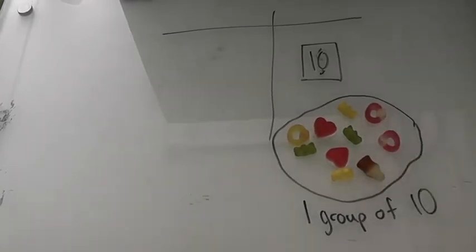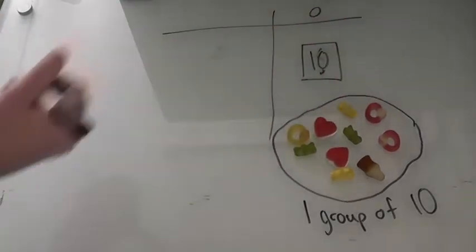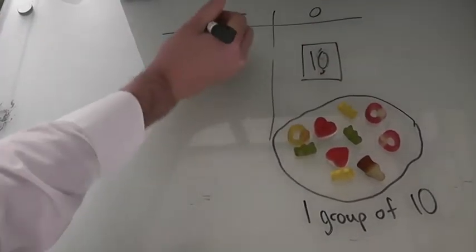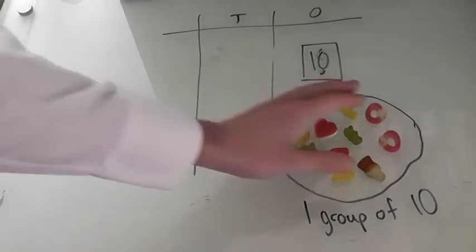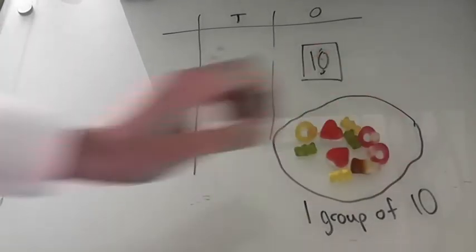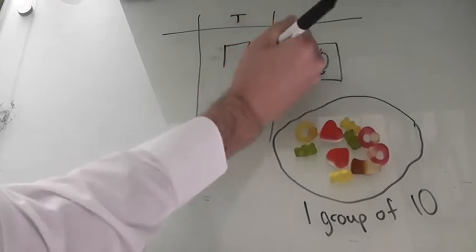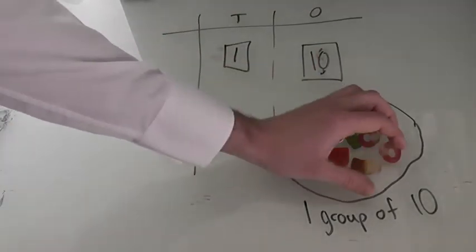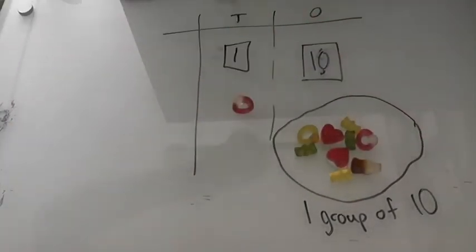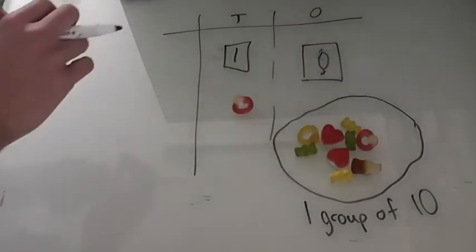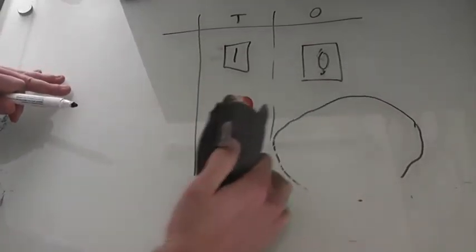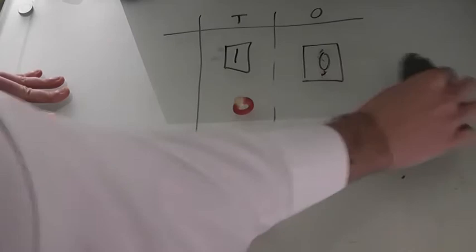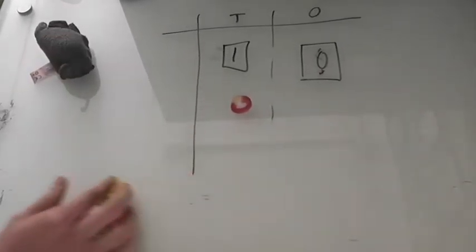So if we imagine that this is our ones column and this is our tens column, we've now got one group of 10, so we can take all of those, put them all into one group, and we now have a 1 group of 10 in our tens column. So now we've got 0 ones, and we carry on again.